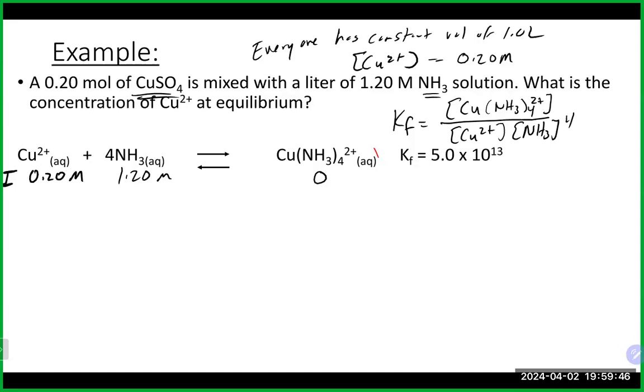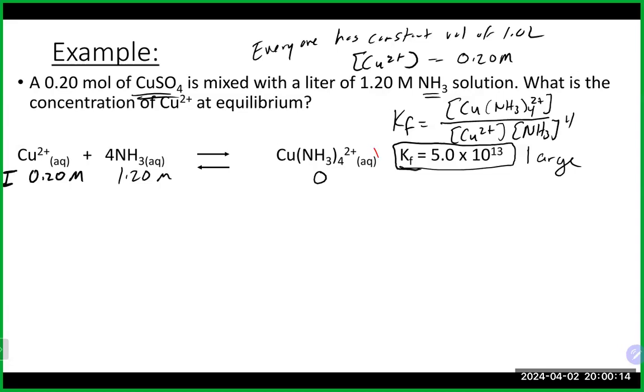Now, one of the assumptions that we make when we do a KF type problem is when we look at the KF value here, as I mentioned before, that number is a really large number, to the 13, basically a giant K value, considering that 1 is considered a large value. So to the 13 is a really large value.